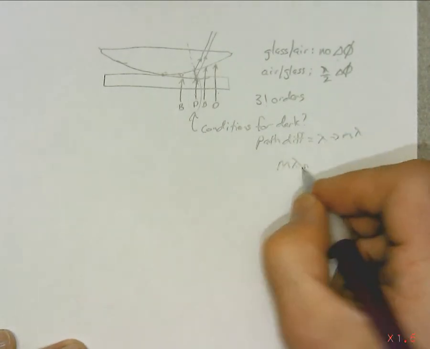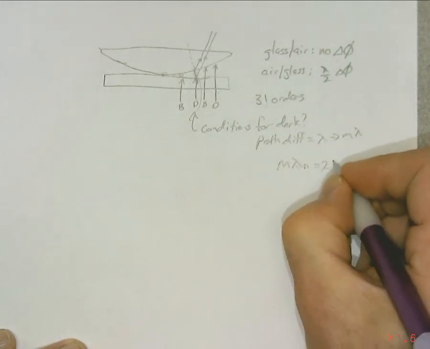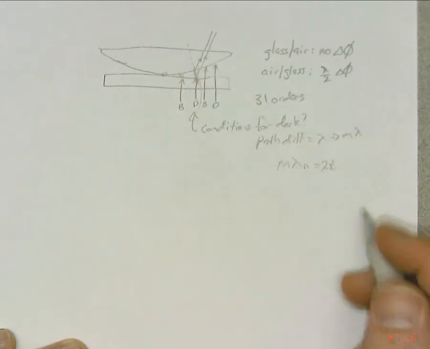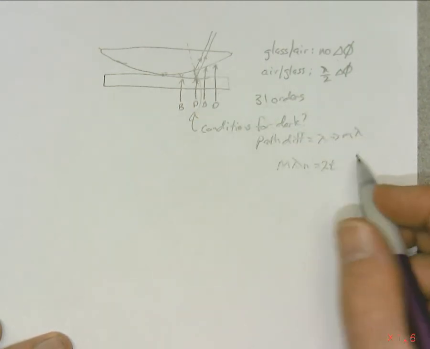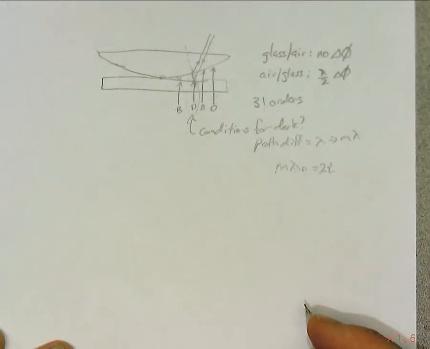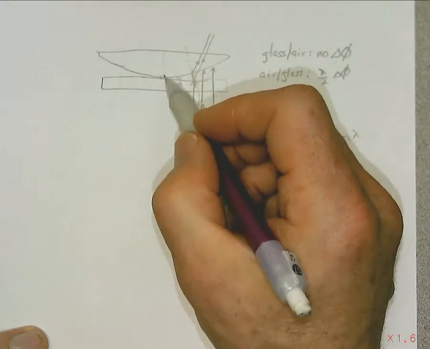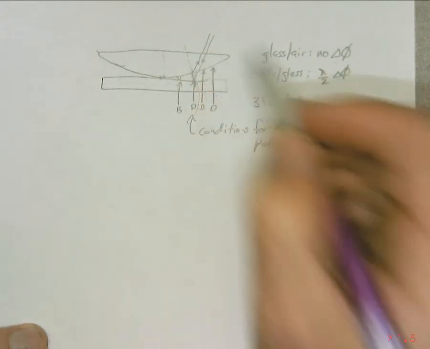So m lambda is equal to twice the thickness, there and back. Now we're looking for the thickness of this compared to this, corresponding to 31 orders.